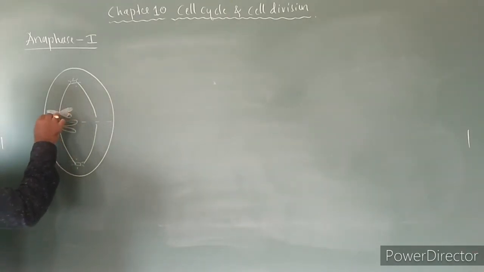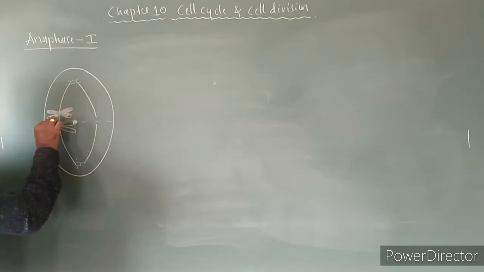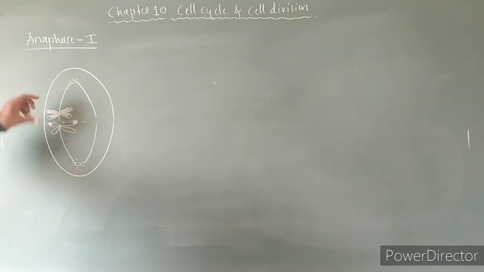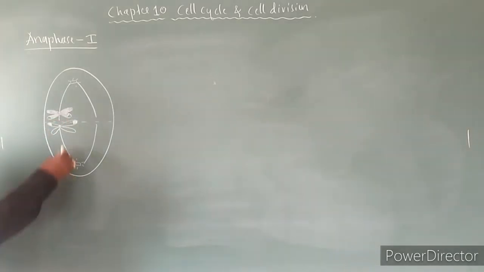Like this, two chromosomes that we come across over here. So these chromosomes which hang to the spindle fiber start to move apart. When they completely move apart, complete disappearance of chiasmata takes place.